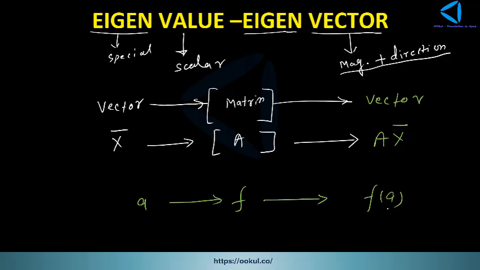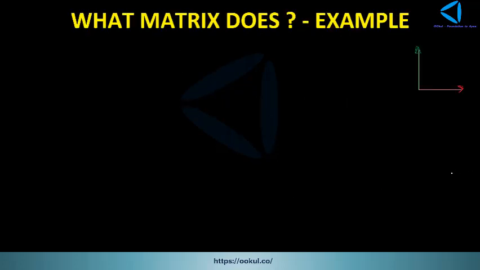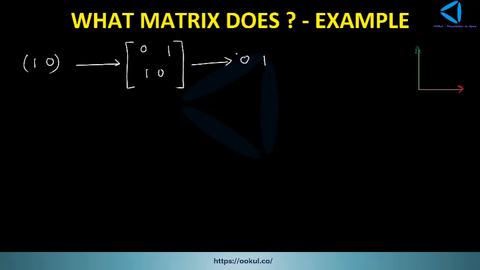Let us see one example. You have a matrix 0 1 1 0, right, and you have a vector say 1 0. You are giving this vector into the matrix, it will emit what? 0 1.